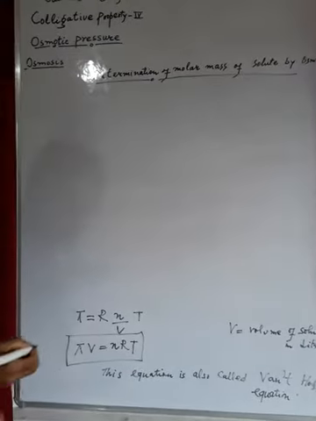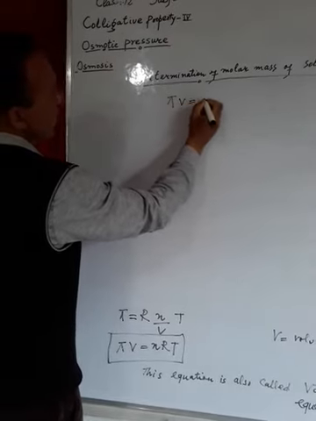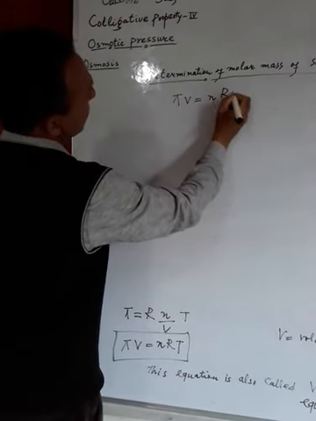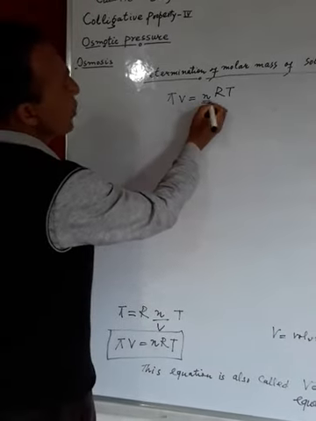Now we have the equation for the osmotic pressure, which is pi V is equal to N R T. N is the number of moles.